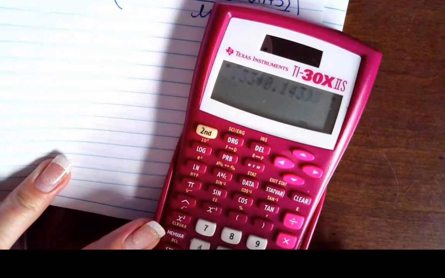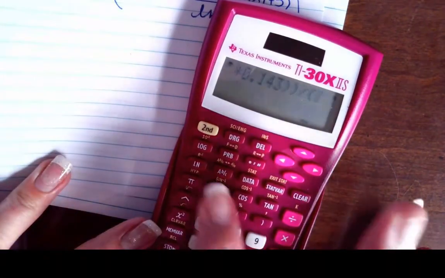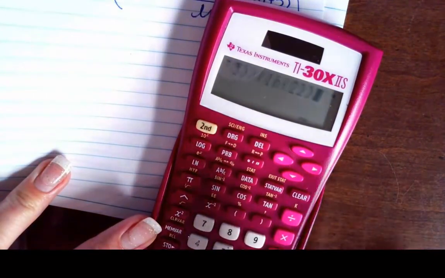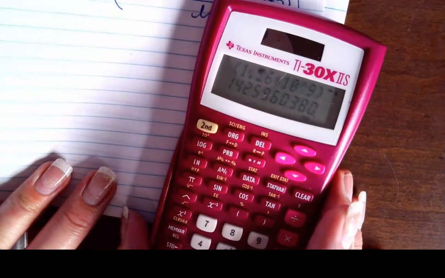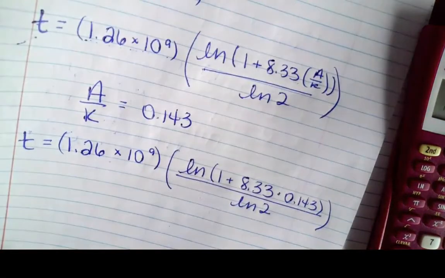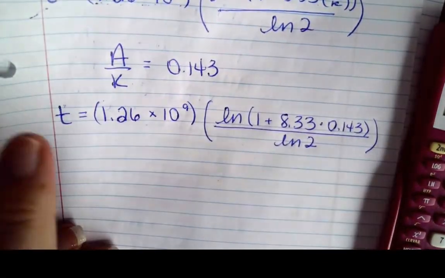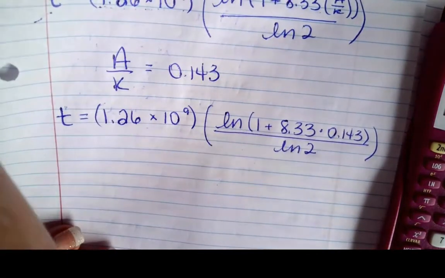Close that, and then divide by the natural log of 2. And hopefully, all right, I get 1425.96. This is a big number. It says to the nearest thousandth as needed.